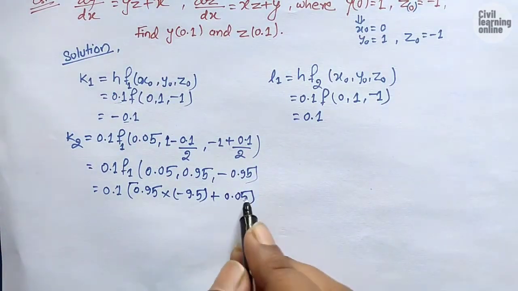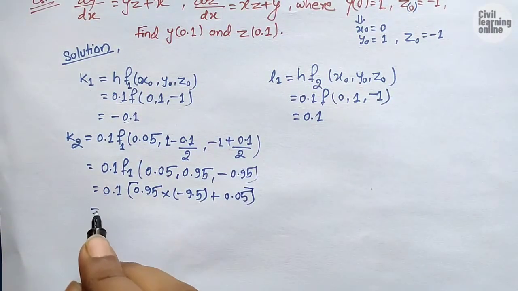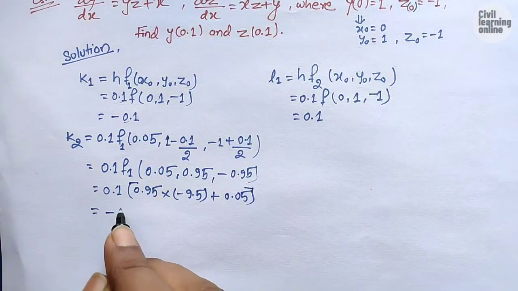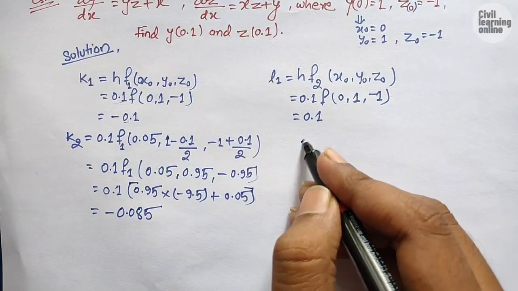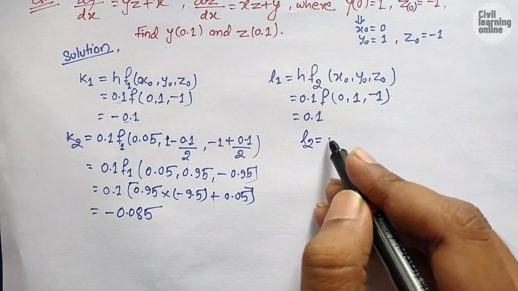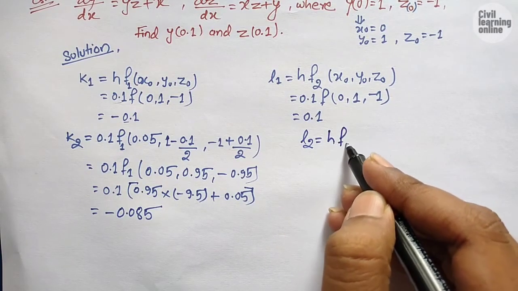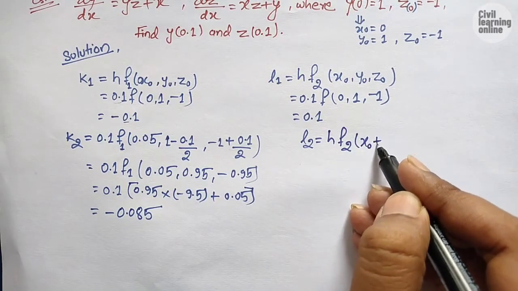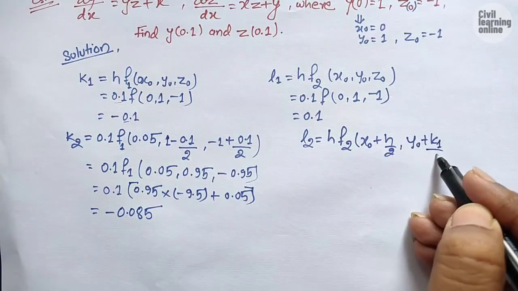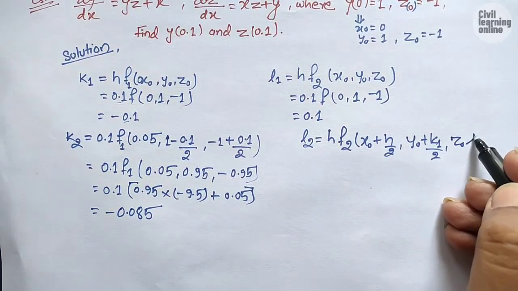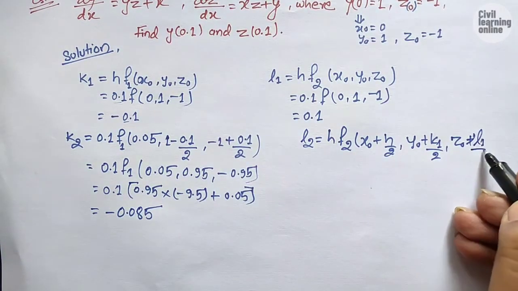Now solve this and we will get the final value of k2, which will be equal to minus 0.085. Similarly, calculate the value of L2. The L2 formula is h f2 (x0 + h/2, y0 + k1/2, z0 + L1/2).